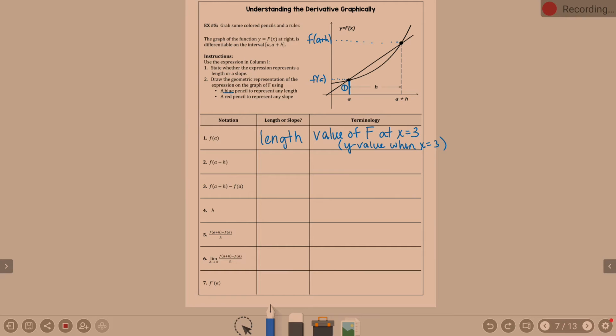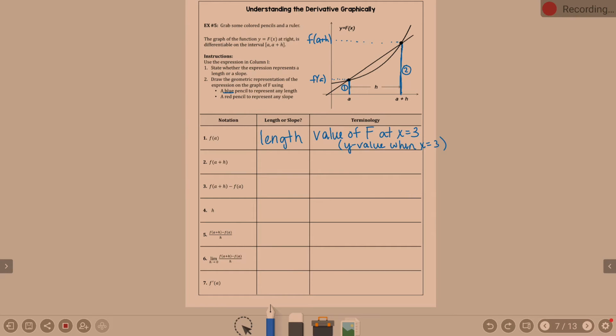Where can I draw in something that represents this length? In other words, where can I draw in something representing the y value f of a plus h? And that is the height right there, the height of that point.